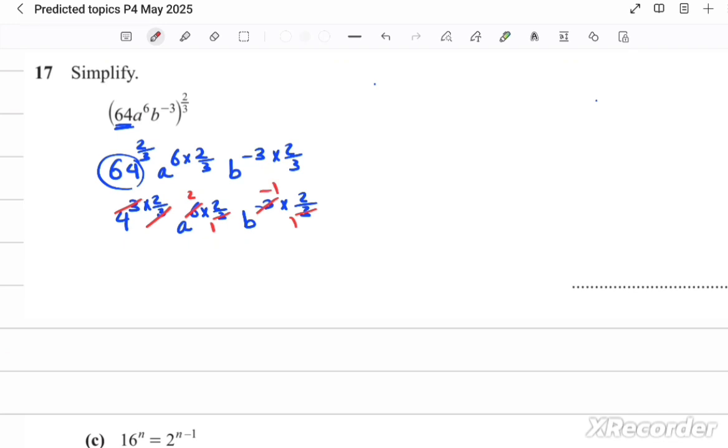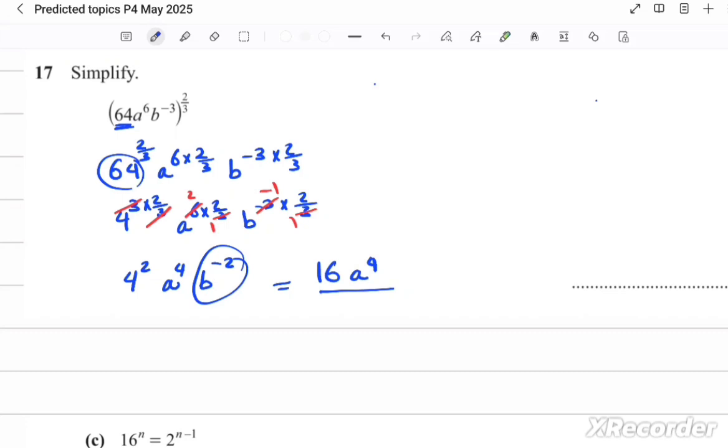So now what we have is 4 squared, a to the power of 2 times 2 which is 4, b to the power of negative 1 times 2 which is negative 2. So we have 16, a to the power of 4, and b to the power of negative 2.